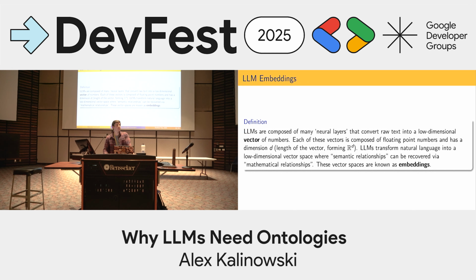So basically what I just explained, again, these LLMs are composed of neural layers. All of them convert this raw text into a low-dimensional vector of numbers. These vectors are the embeddings. And what's cool about these vectors is that even though we didn't feed in any prior semantic knowledge, it kind of starts to learn it.